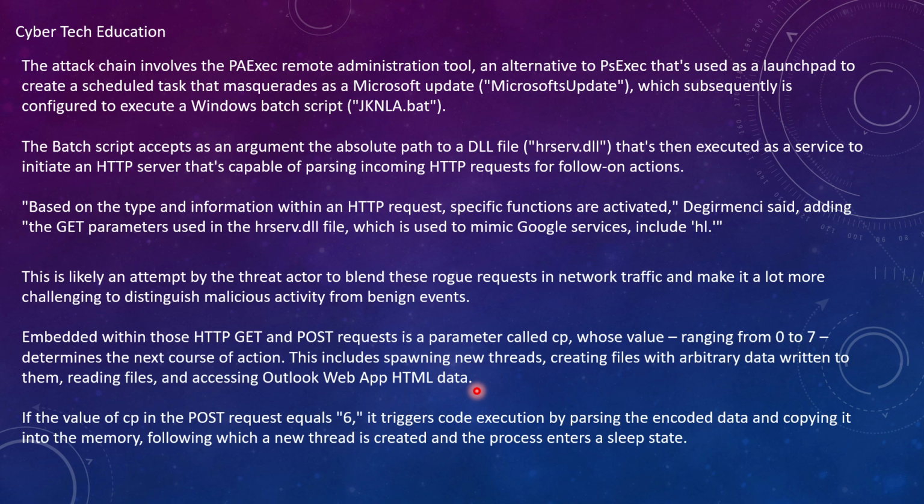The batch script, once executed, loads the patched DLL file, HrServ.dll, which needs to be executed as a service to initiate an HTTP server capable of parsing incoming HTTP requests.